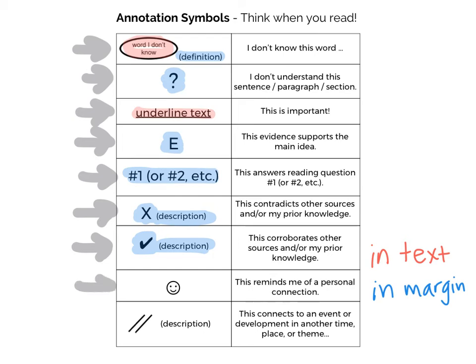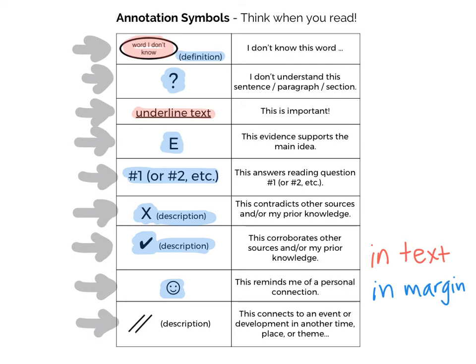The next symbol is a happy face, and you would use this symbol if you're reminded of a personal connection. So if something has happened in your personal life that you can make a connection with this text, then you would put a smiley face in the margin. And finally, another symbol for connections that you make while you're reading.